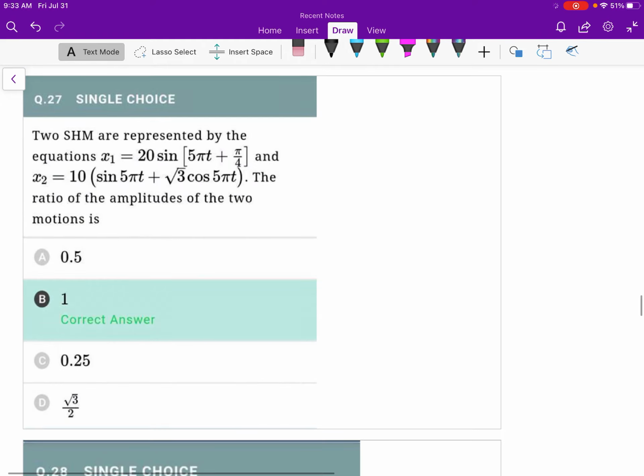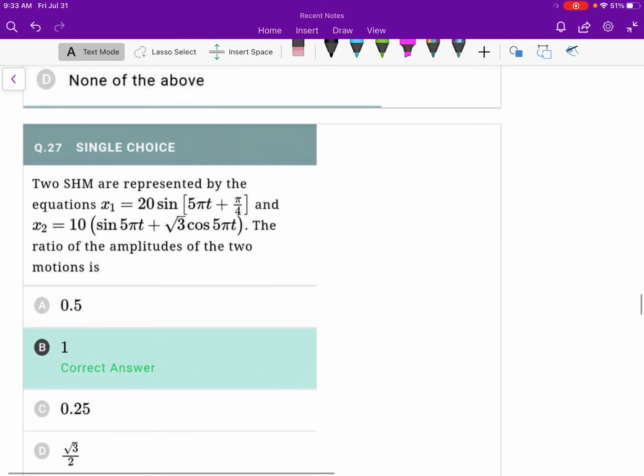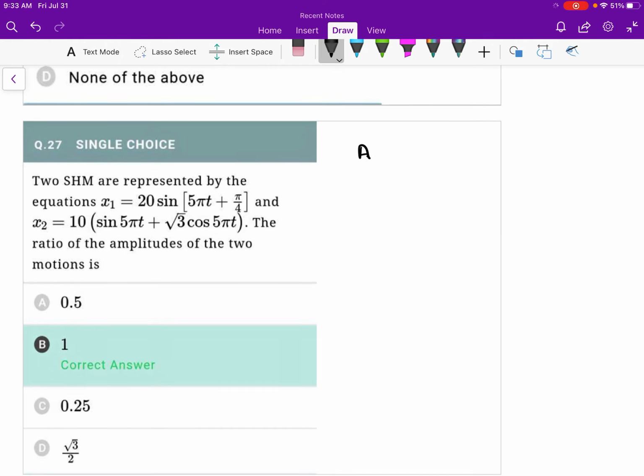Now next, two SHMs are given. The ratio of amplitudes. So A1 is 20 and A2 is 10, 1 square plus root 3 square under root, that is 20. So A1 is to A2 is 1 is to 1.